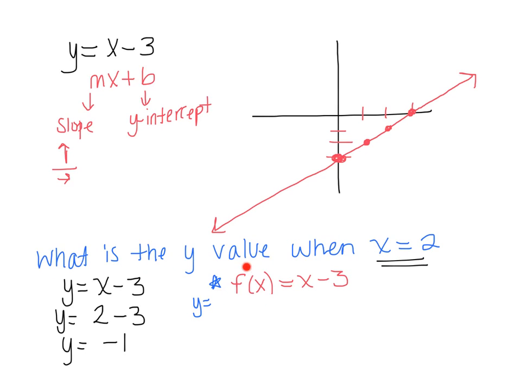When I use function notation f of x, all I'm going to do is write it as f of 2. So that means wherever there's an x, I'm going to replace it with 2. So there's an x right here, so we put a 2 minus 3. So f of 2 equals negative 1.